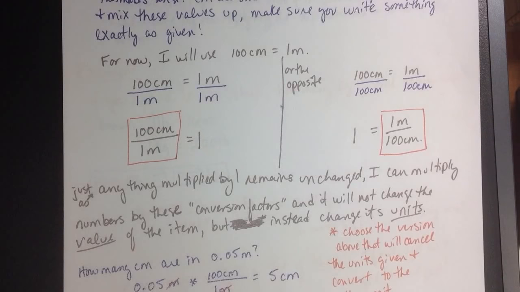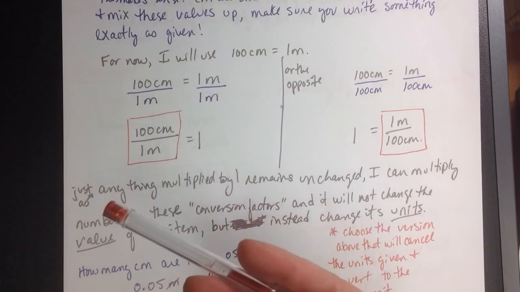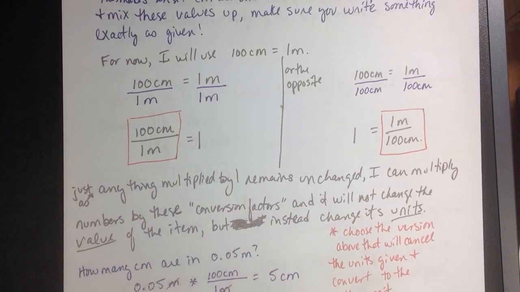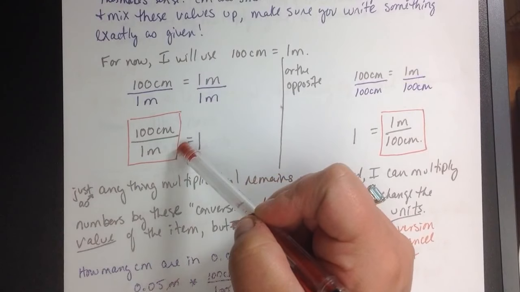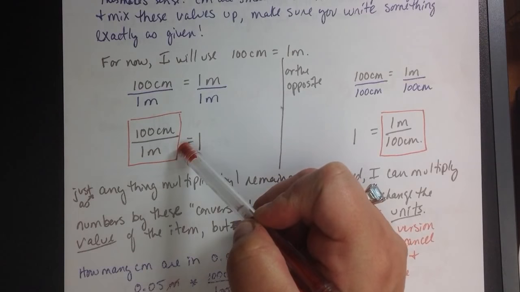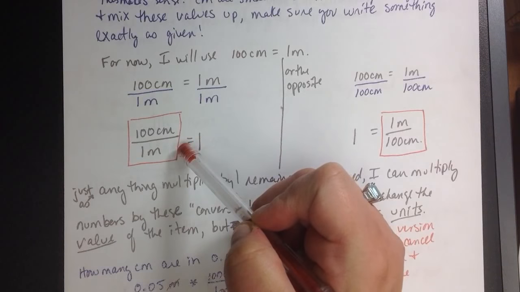Well, when we're trying to figure out how many centimeters you have in your measurement and you measured it in meters, or somebody else did, or whatever the case may be, you're trying to convert from one type of measurement to another. If you multiply something by this, you're really multiplying it by 1 as far as the value is concerned. It's not changing the value, it can just help you change the units.